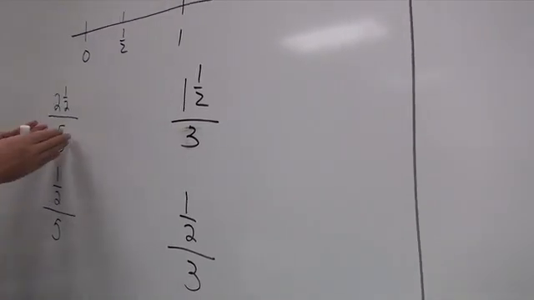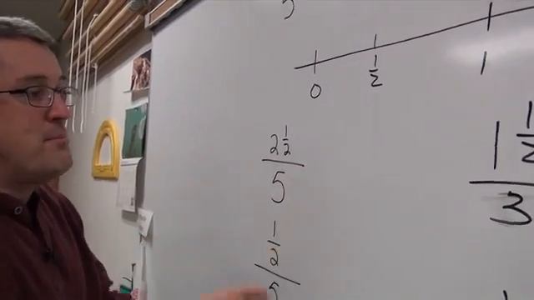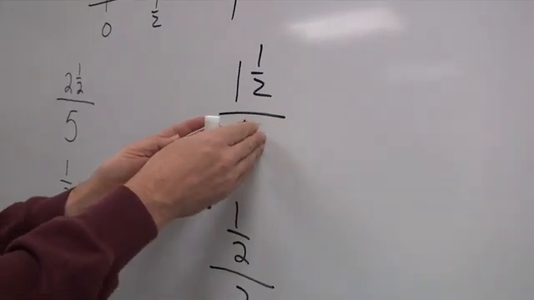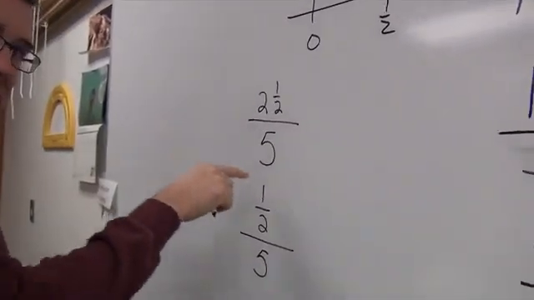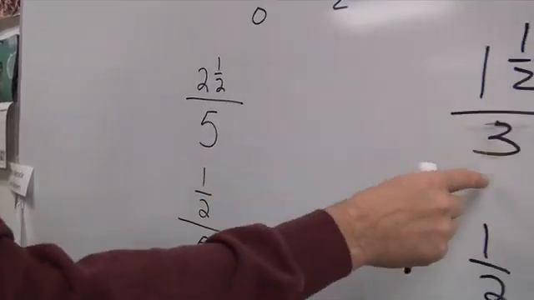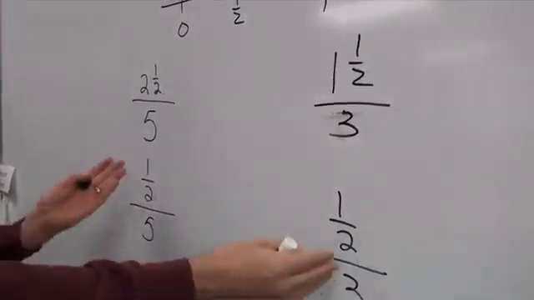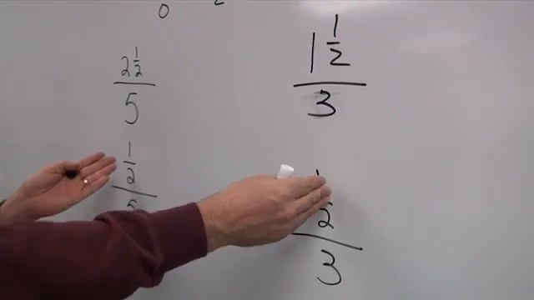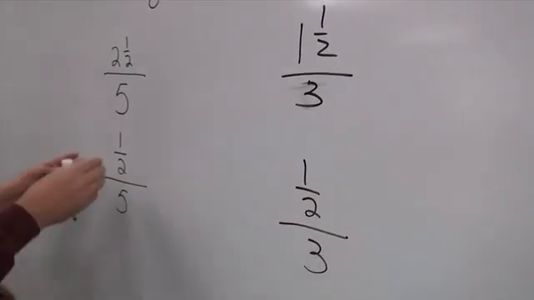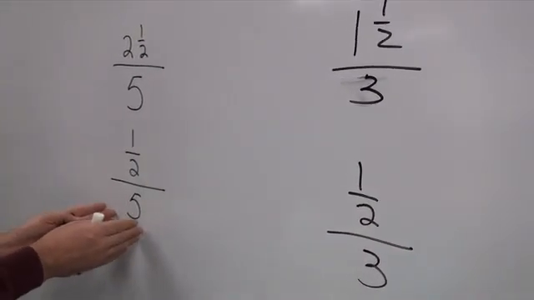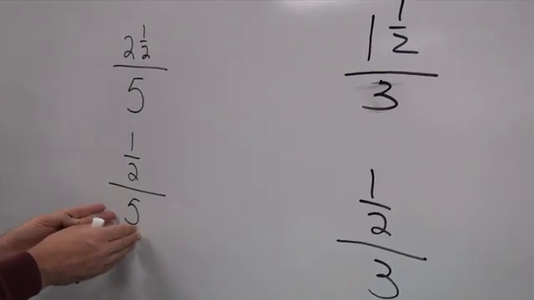Well, if you cut something up into 5 equal parts, compared to cutting something up into 3 equal parts, these parts would be smaller than these parts. In each case, we are 1/2 a copy away, 1/2 a copy of these smaller pieces compared to 1/2 a copy of these bigger pieces away from 1/2.